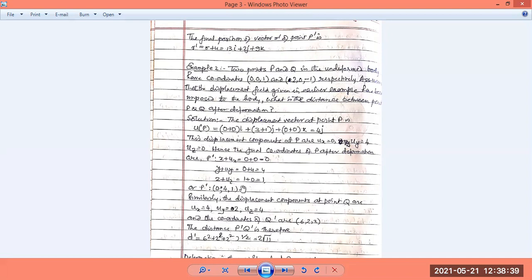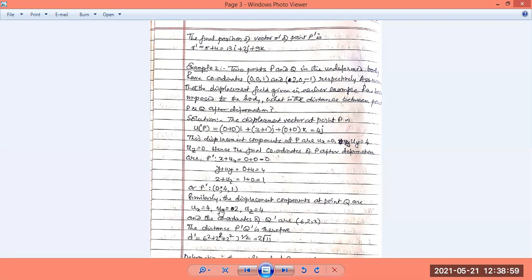Now let us go for the displacement components at point Q, which are given as ux equal to 4, uy equal to 2, and uz equal to 4, by putting the coordinates of Q in our displacement field.